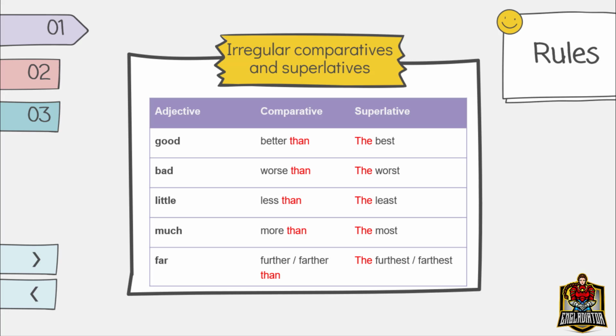Bad will be worse than or the worst. Little will be less than or the least. Much will be more than or the most. Far will be further or farther than, and the furthest or the farthest.